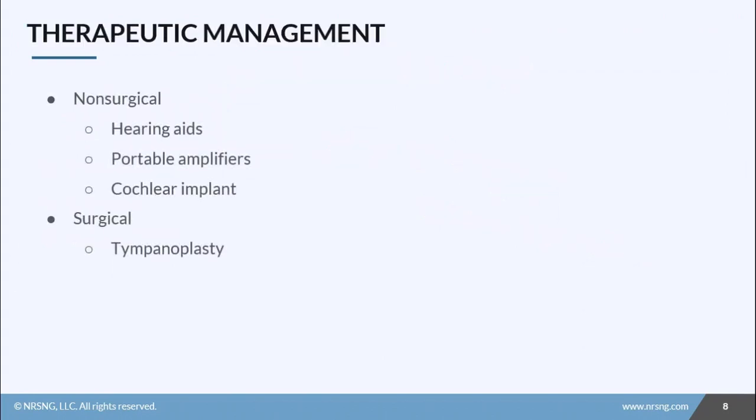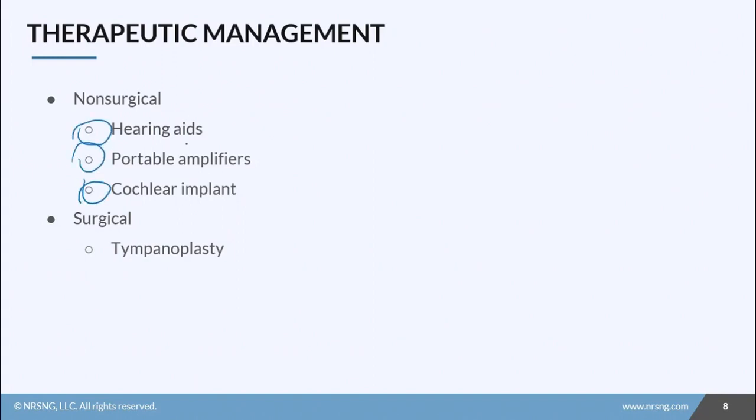Okay, so with management, let's look at non-surgical and surgical management options. With non-surgical management, we're looking at early detection of hearing problems in the first place. There are a couple different assistive devices that can be used, such as hearing aids, portable amplifiers, and cochlear implants.